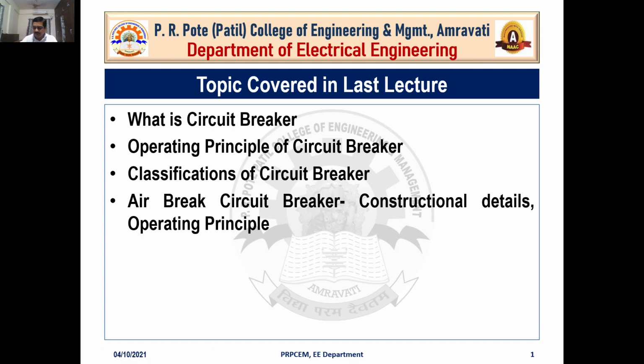Also, we classified the circuit breaker on the basis of different aspects, like the classification based on the voltage ratings, classification based on the arc quenching medium which we are going to use inside it, and classification based on the location where we are going to install the circuit breaker. So there are several classifications, and based on that we find different circuit breakers under AC circuit breaker as well as DC circuit breaker.